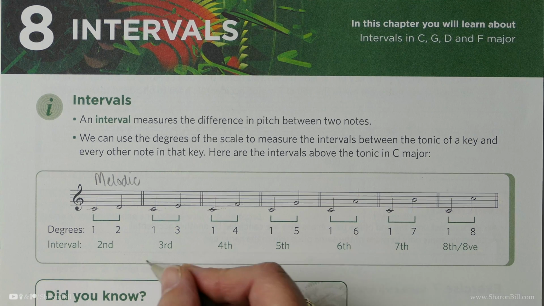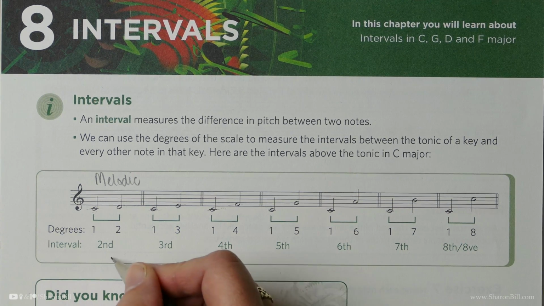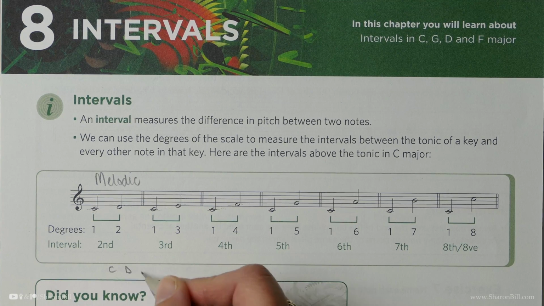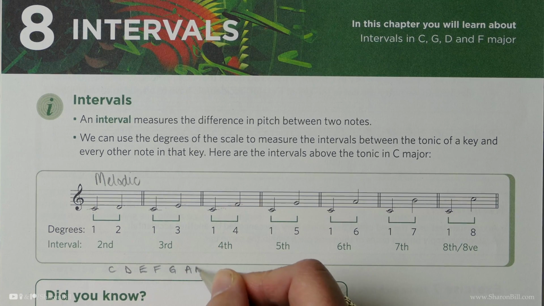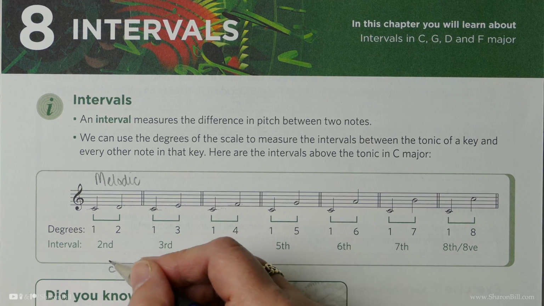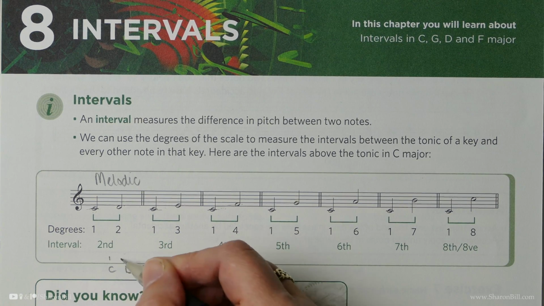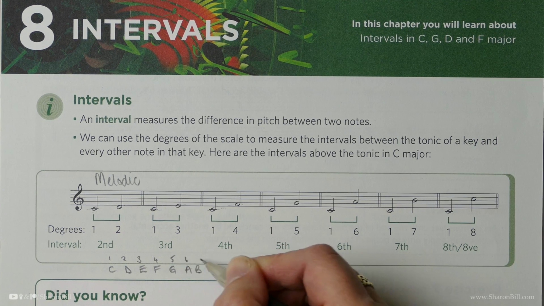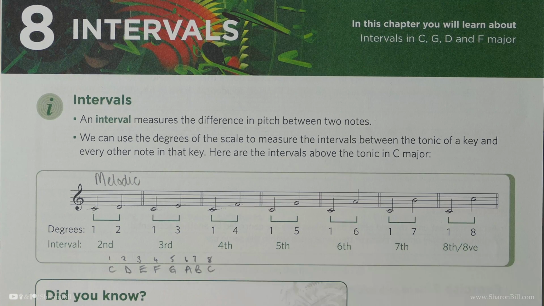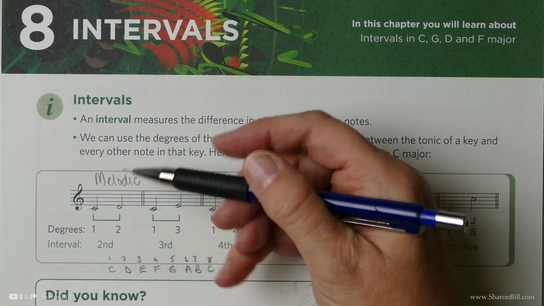However, if you feel like you want to just really double, triple check that, you can always just write out the degrees of the scale. So we've got C, D, E, F, G, A, B, C, and then we'll name these steps 1, 2, 3, 4, 5, 6, 7, 8. And so now we can double check ourselves.